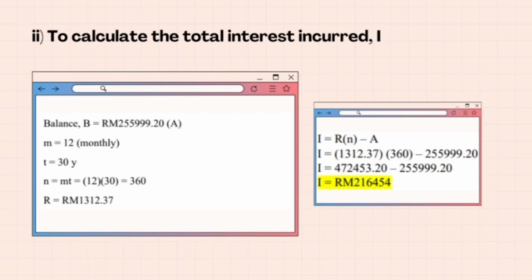We need to settle the bracket first. We get the total 472,453.20 minus 255,999.20. So we get the total interest as RM216,454.